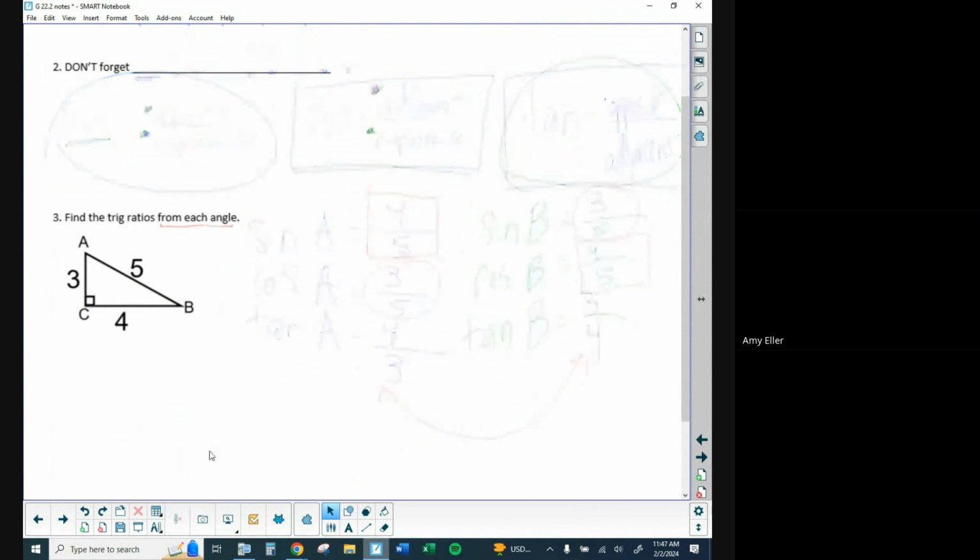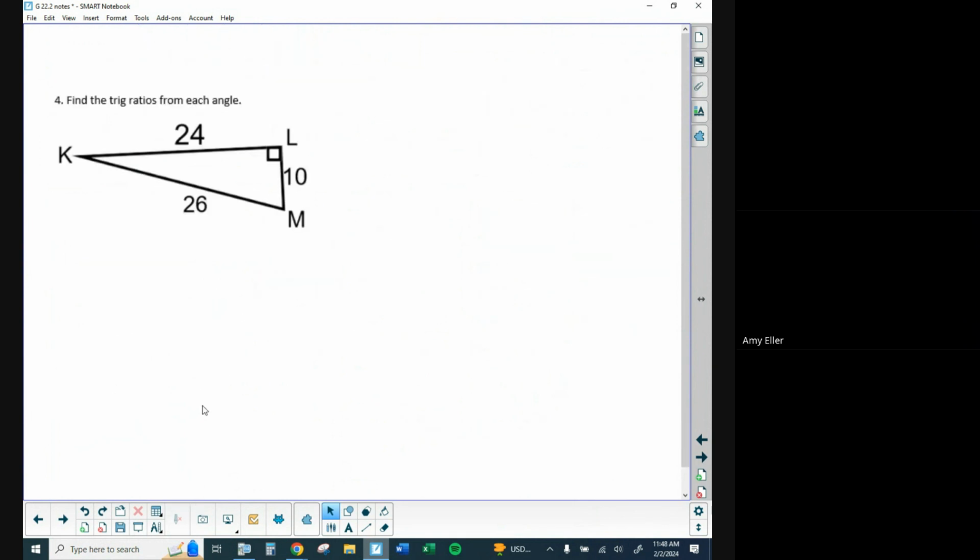Turn the page. Try to spell SOHCAHTOA from memory, and I'll tell you if you got it. Don't look back, just try it. SOHCAHTOA. We know it's got 3 letters. 3 letters. 3 letters.